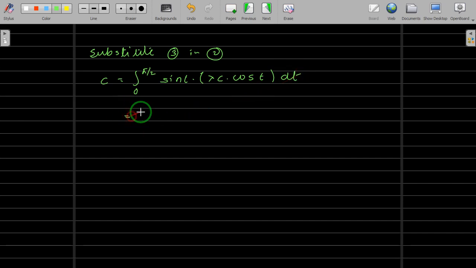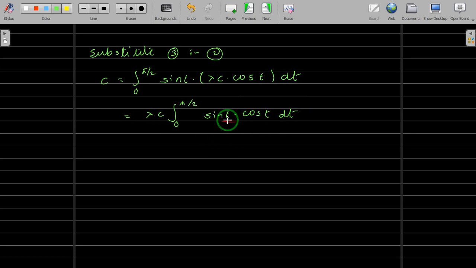So for this integral, lambda c is constant, you can take it outside the integral 0 to pi by 2. You have sin t cos t dt, and obviously you should know all the rules and techniques for integration.